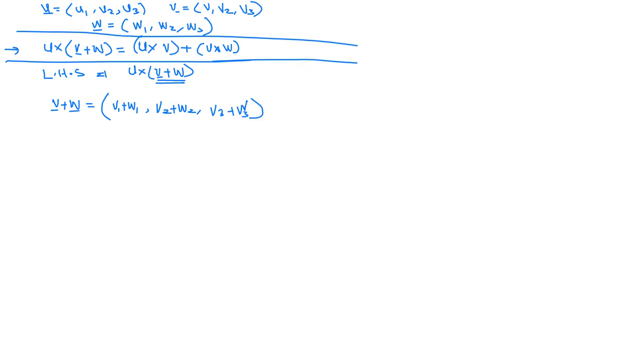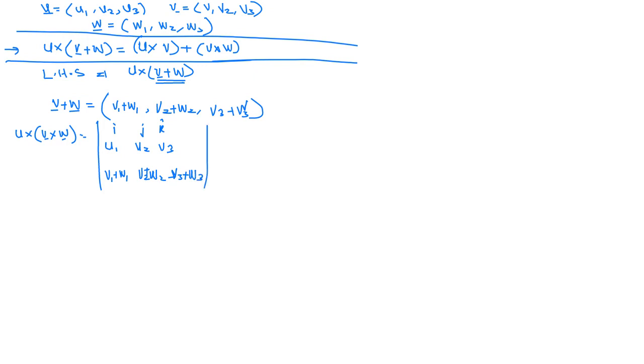Okay, so this is the addition. Now you have to take the cross product of this one. So what is the cross product? i, j, k, then u1, u2, and u3, and this one is v1 plus w1, v2 plus w2, and this is v3 plus w3.